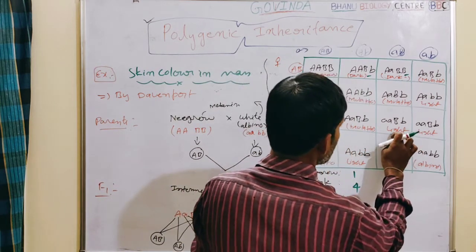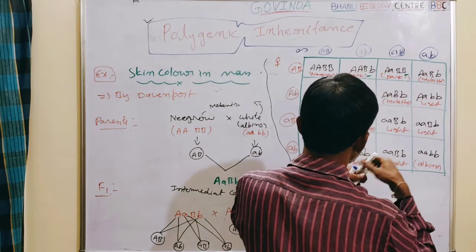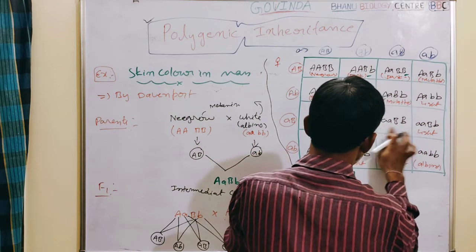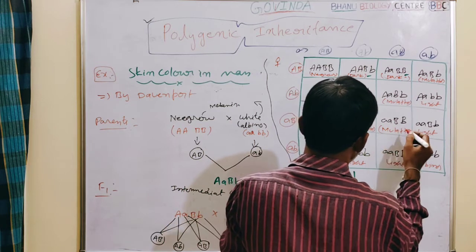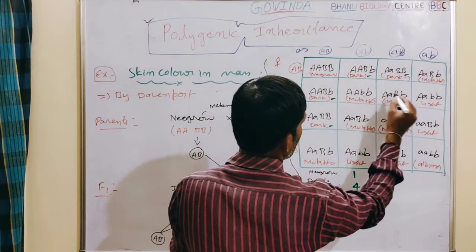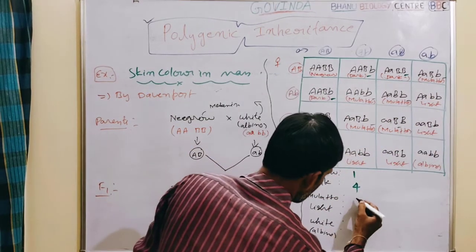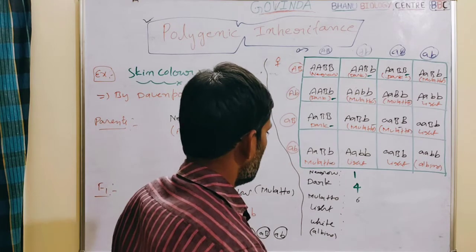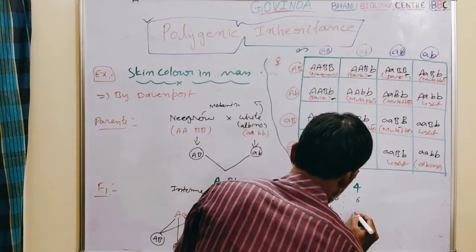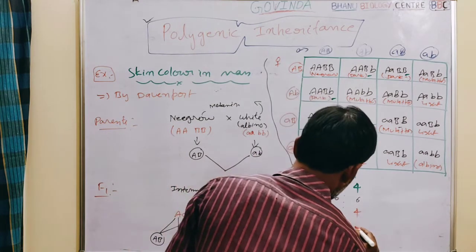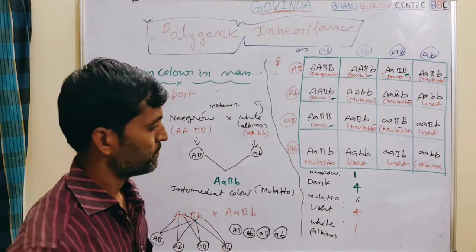This one is capital A, capital A, capital B, capital B. Sorry, here also, this was capital B, capital B. The color is mulatto. Right. In total 1, 2, 3, 4, 5, and here is 6. Then light color 1, 2, 3, 4. Then white color 1.